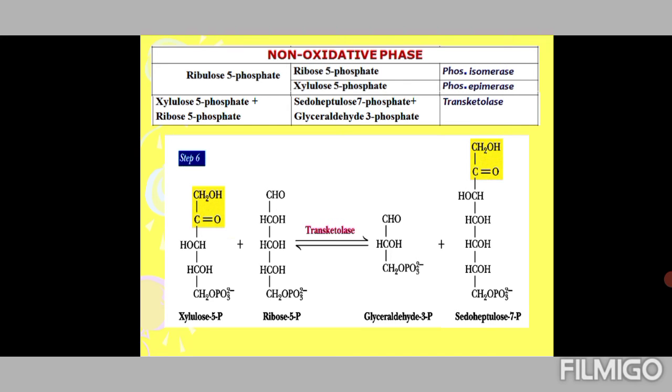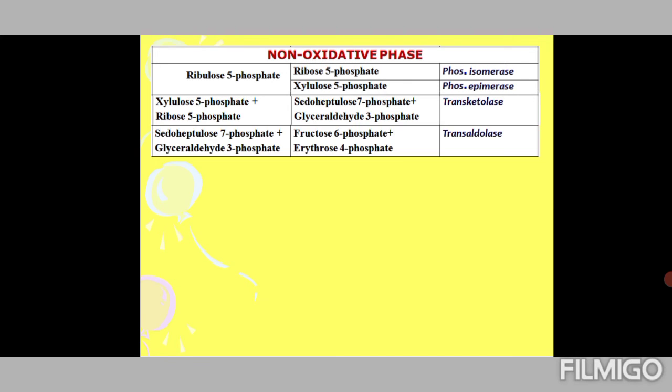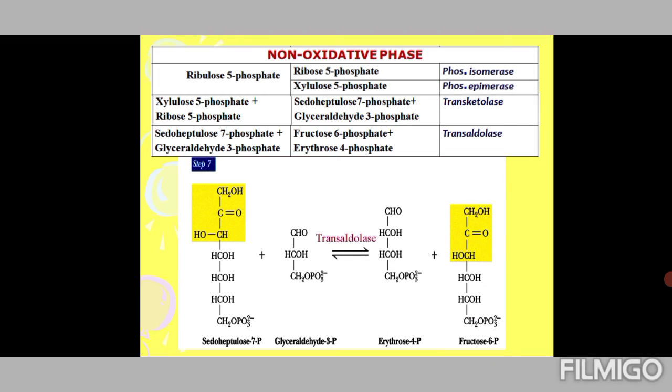So what is the next reaction? Sedoheptulose 7-phosphate and glyceraldehyde 3-phosphate, with the help of another transferase type of enzyme, transaldolase, form fructose 6-phosphate and erythrose 4-phosphate. Again, 10 carbons here give rise to another combined strength of 10 carbons. And what is the reaction?